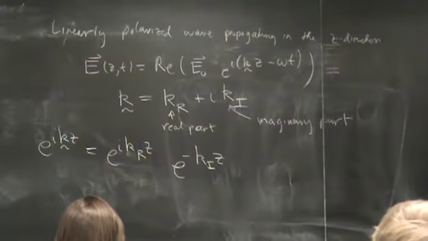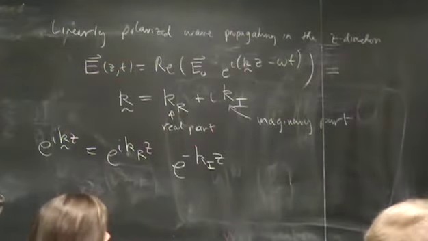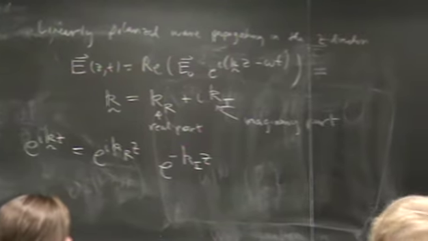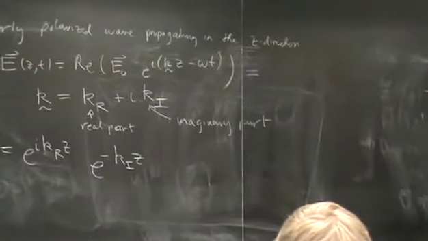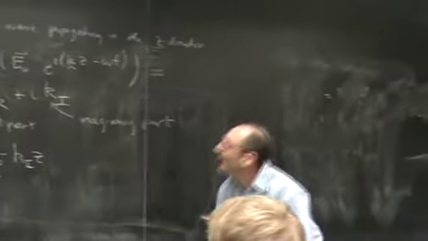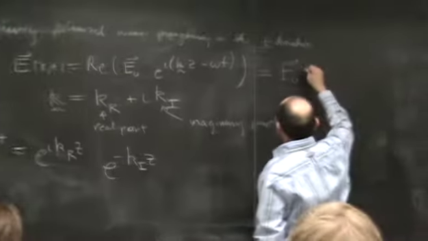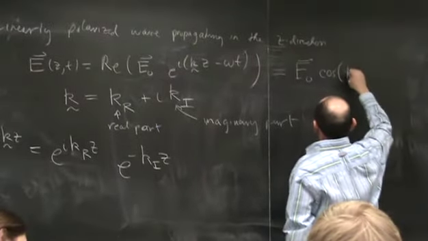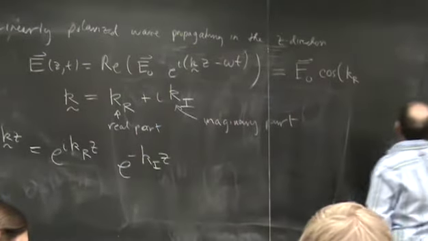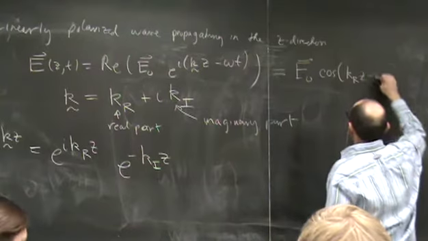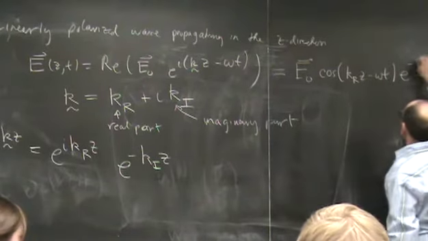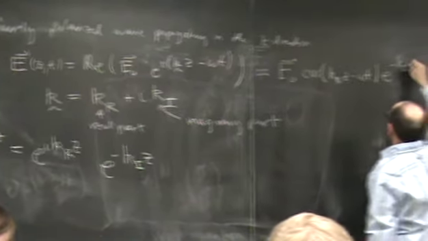Plug that in, and I get E0 cos of the real part of the wave number, and then e to the minus the imaginary part.